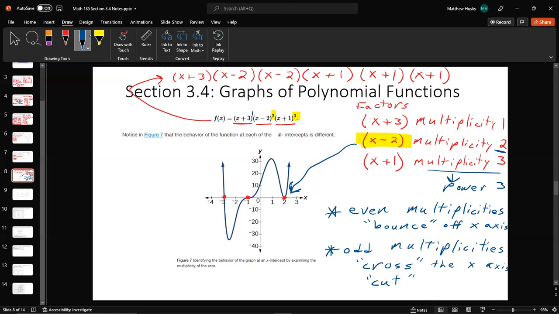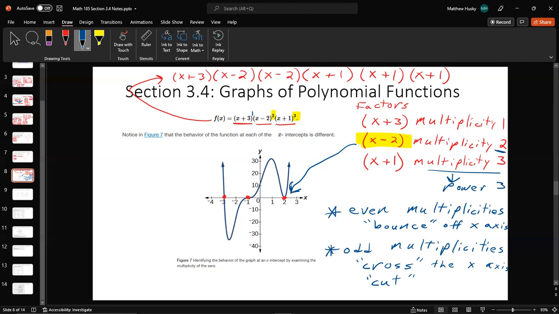Here you have -3, which corresponds to the x plus 3. And so that is cutting across the x-axis right there. This one is -1, so it's crossing at -1.